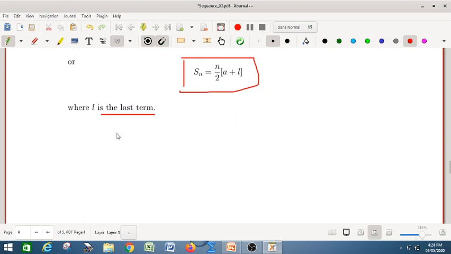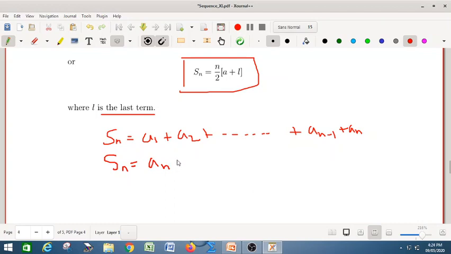Suppose Sn is a1 plus a2 plus etc. an minus 1 plus an. Again writing Sn in reverse order, that is an plus an minus 1 plus a2 plus a1.